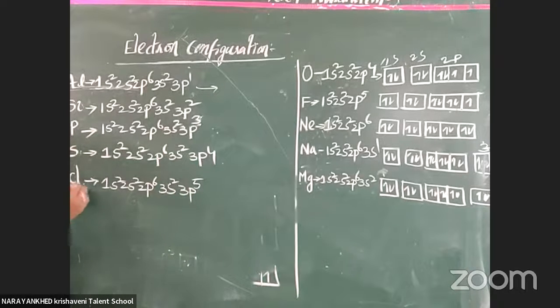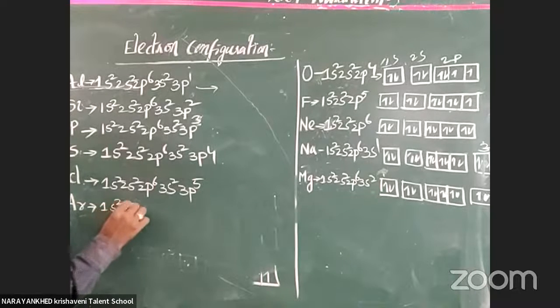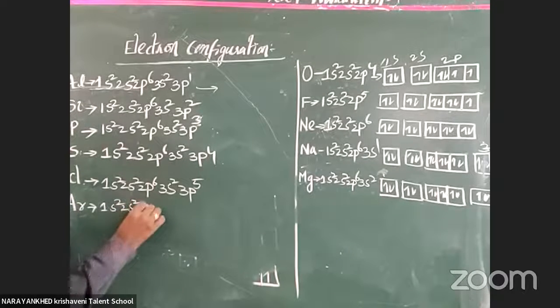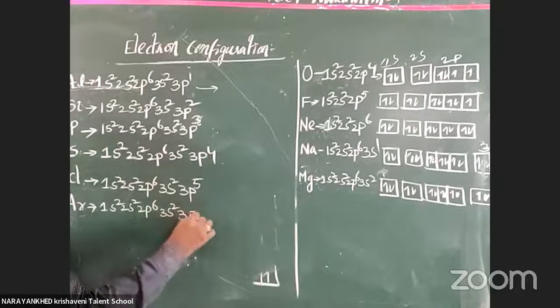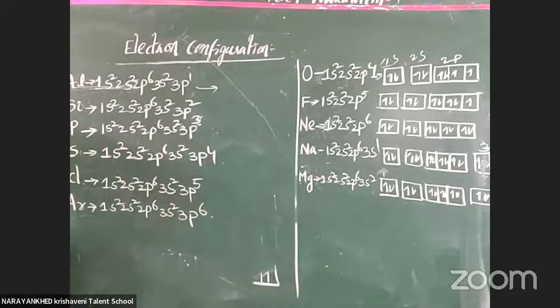Yes, next after chlorine, we have argon. 1s2, 2s2, 2p6, 3s2, 3p6. Yes, completed. The p orbital is also completed now. Next, after argon, we have potassium. Clear or not, all the students?